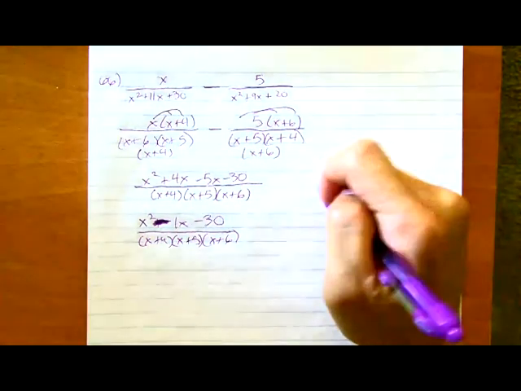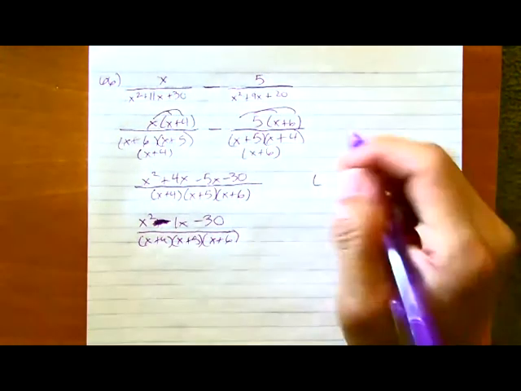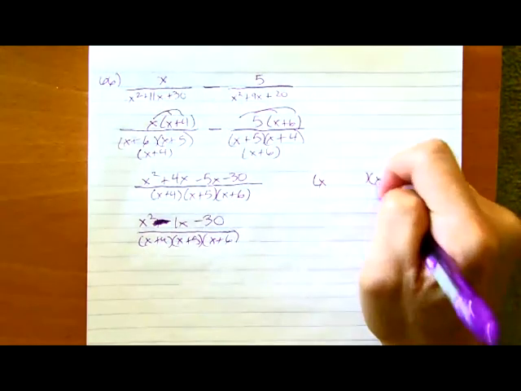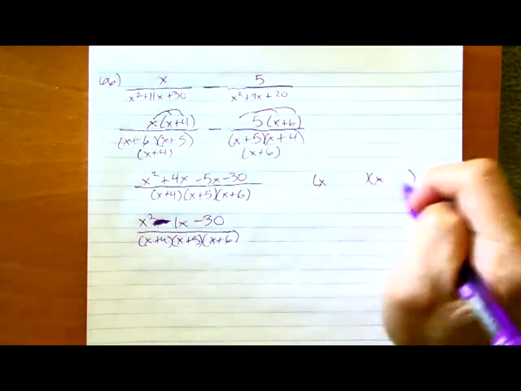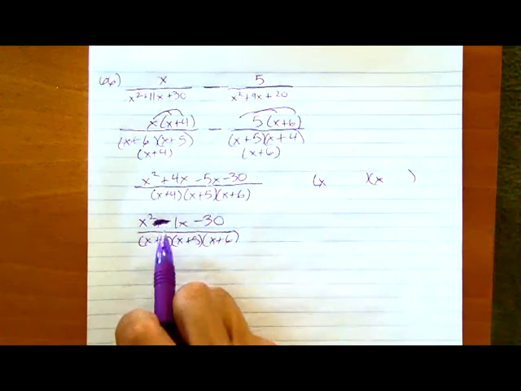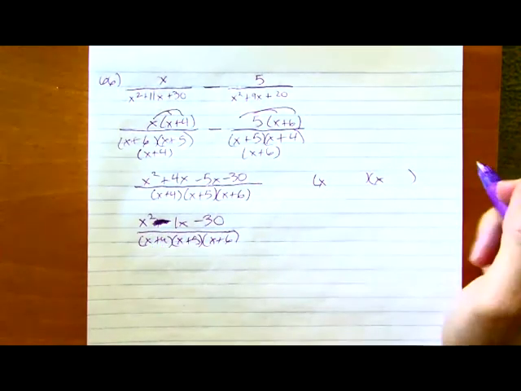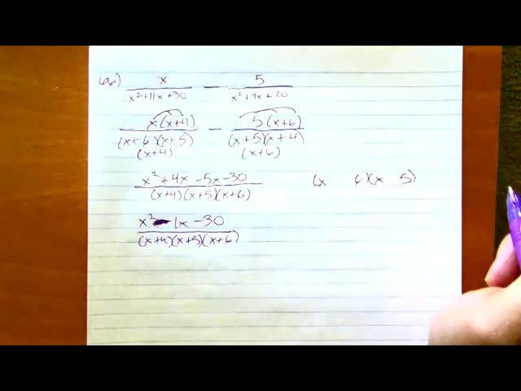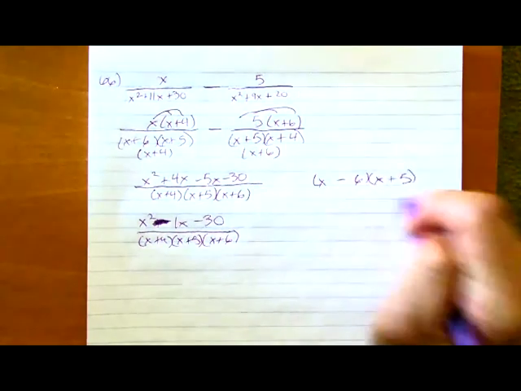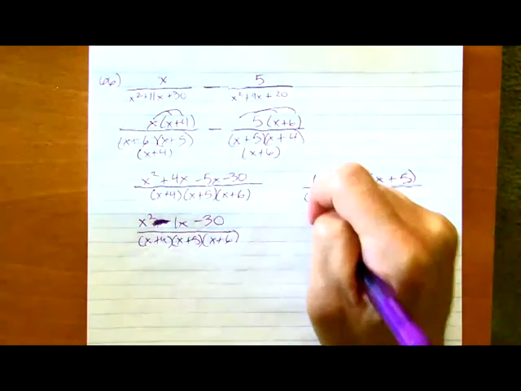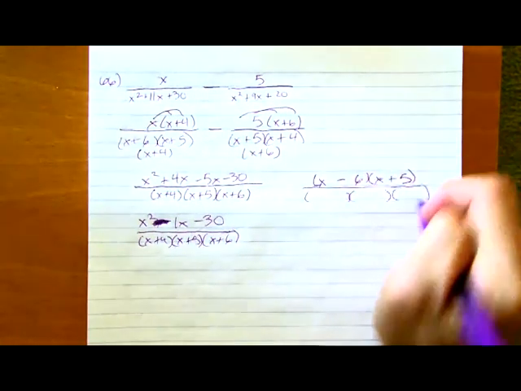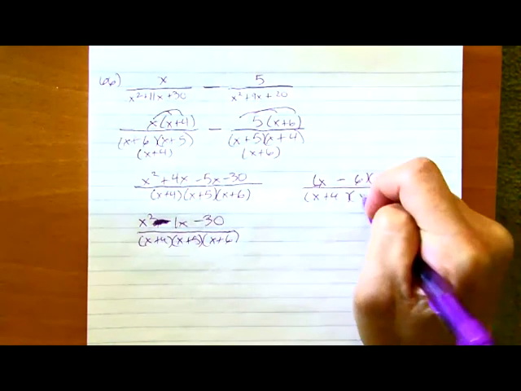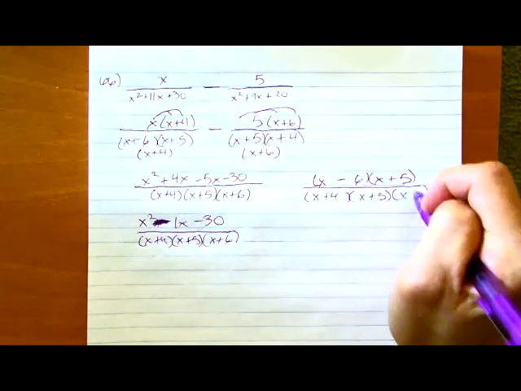Yeah, 2 sets of parentheses. X and x. We need a negative 30. Negative 1 in the middle. 6 and 5. Negative 6 and positive 5. Over x plus 4, x plus 5, and x plus 6.